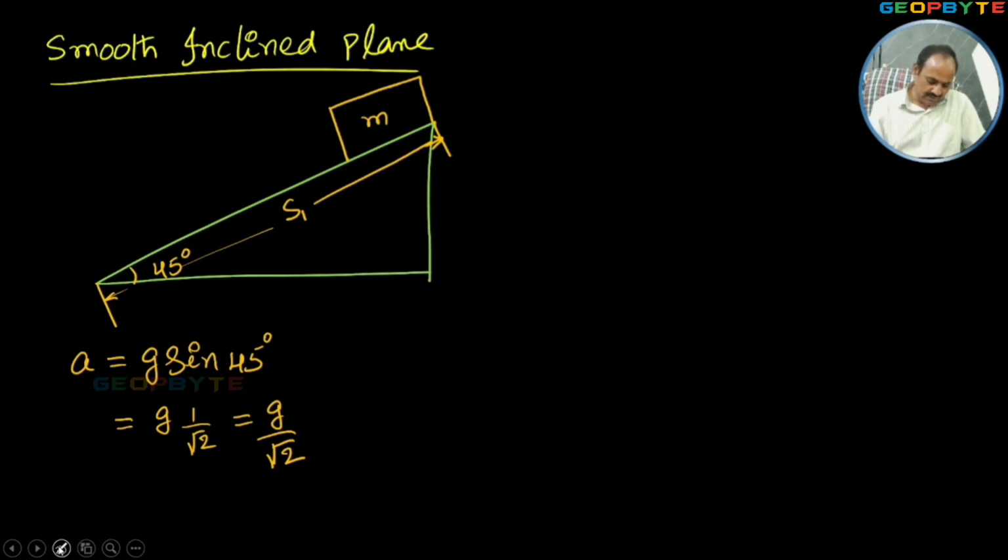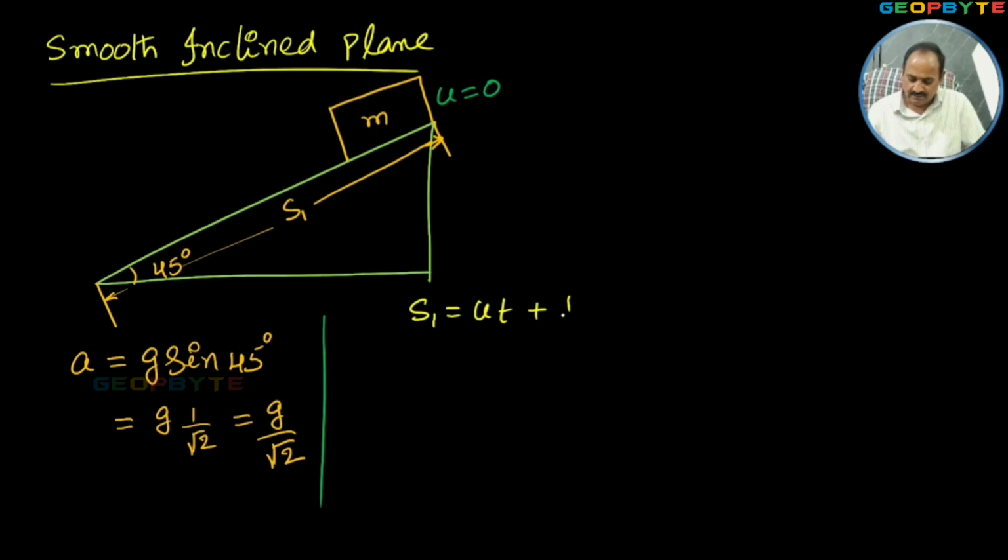Initially, let the object be at rest, meaning initial speed u equals 0. Then the distance traveled by the object, S1 equals ut plus half at square. This is one of the equations of motion. Here u equals 0.